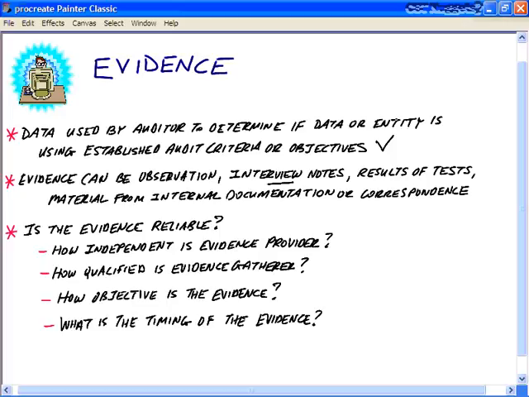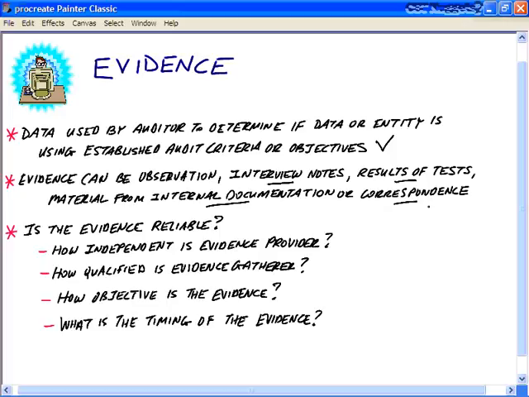It's the result of any tests that are run. It's the result of any establishment of baselines for performance, for security, tests that are done for observation of techniques for optimization of the processes. It can be pretty much any material from internal documentation or a third-party auditor or correspondence that gives us valid data.